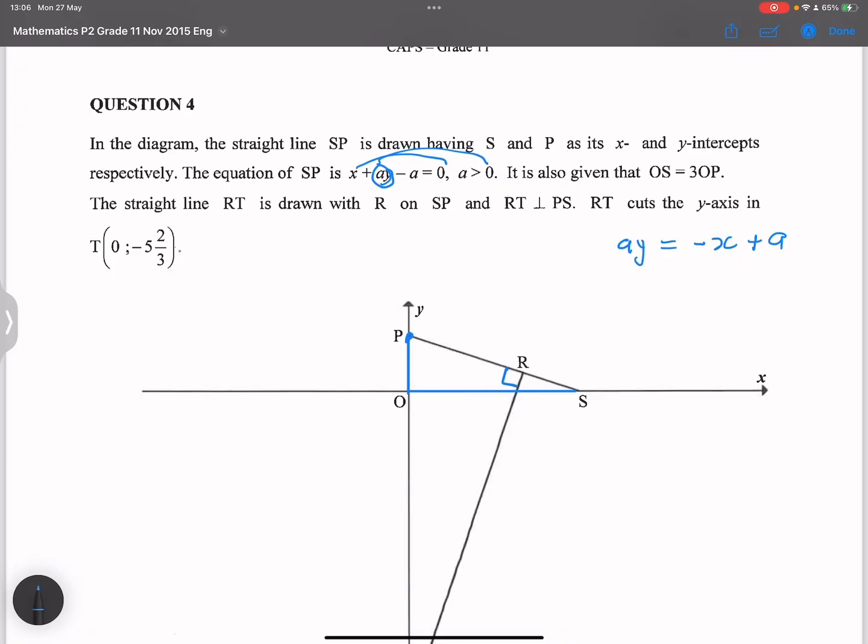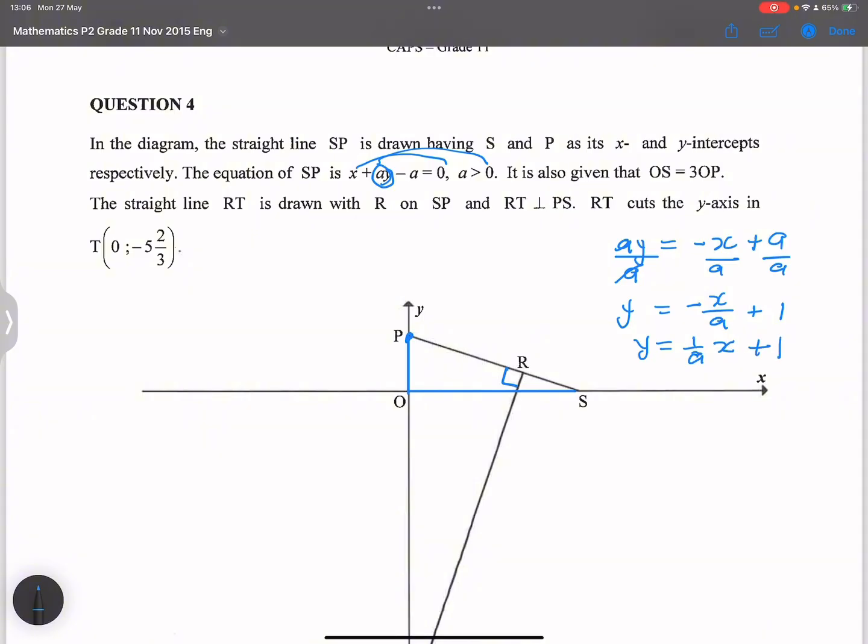And if we divide both sides by a, so that cancels with that. So we are left with minus x over a plus 1. Now please note, we divided this by a, we divided that by a. We're left with minus x over a. Or we can write it as y = -1/a x plus 1.